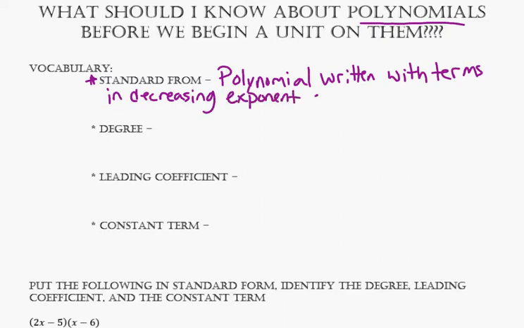In other words, x squared would go first, then an x to the third would go before x squared. So it's just standard form, so everyone has the same approach.